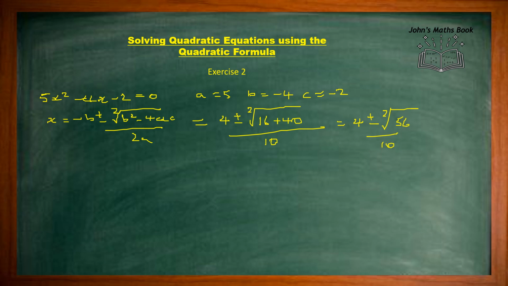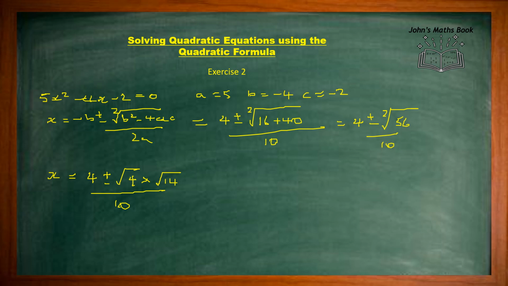So we can simplify that further and say x is equal to 4 plus or minus... now 56 is 4 times 14, so we can say it's plus or minus the square root of 4 multiplied by the square root of 14, divided by 10.